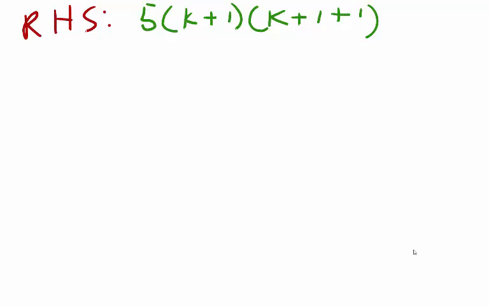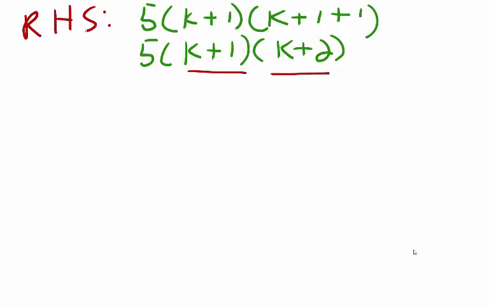Recall that the right-hand side evaluated at k plus 1 was 5 times k plus 1 times k plus 1 plus 1. Again, using basic rules of algebra, we'll simplify 5 times k plus 1 times k plus 2. Let's go ahead and FOIL our binomials using the distributive property.